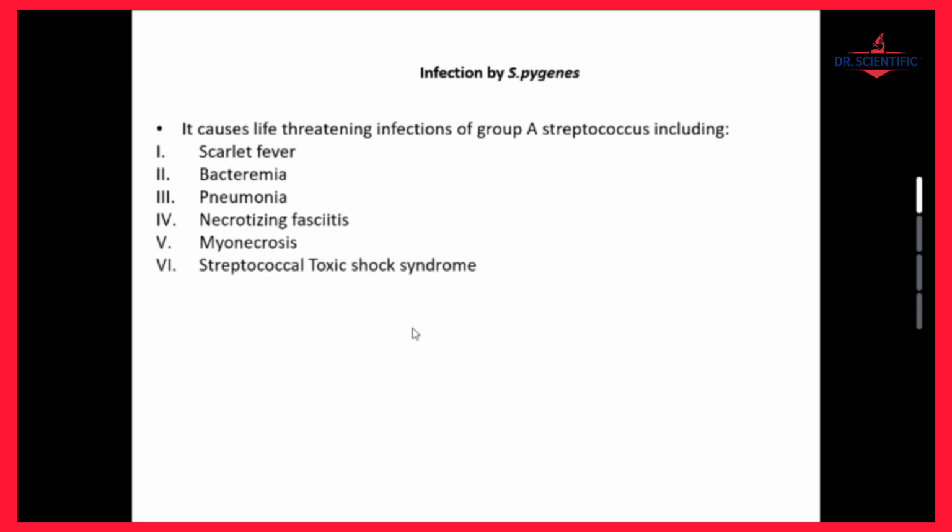It causes life-threatening infections of group A Streptococcus, including the following diseases: scarlet fever, bacteremia, pneumonia, necrotizing fasciitis, myonecrosis, and streptococcal toxic shock syndrome. These are among the diseases caused by it.